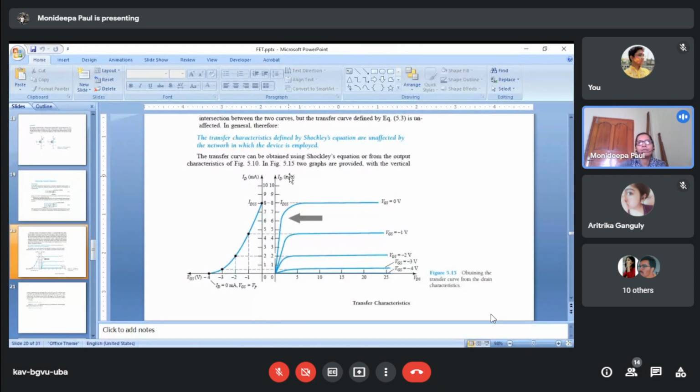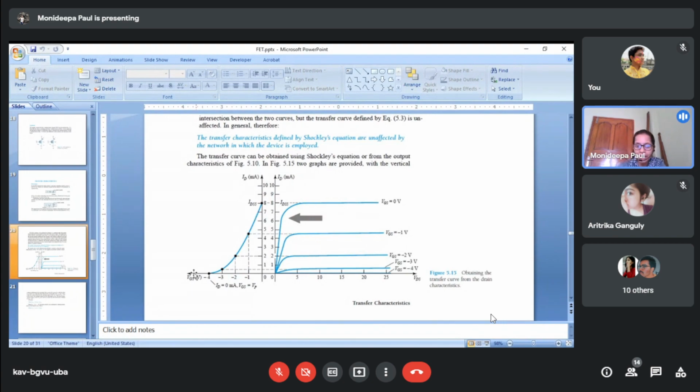That means this curve is obtained from the experimental values. We set the VGS value from 0 to -4, and we vary the VDS, and we get the different values of ID and IDSS. If we plot, then we get this curve.